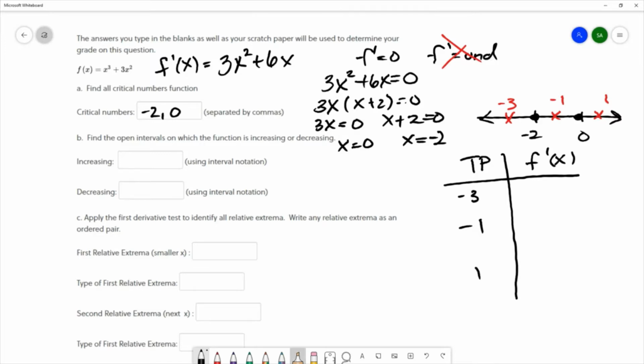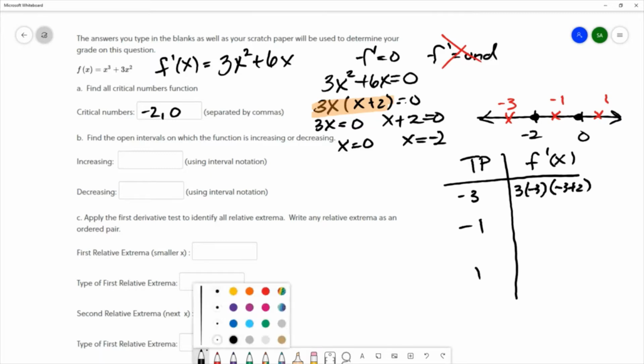I like to substitute into the factored form because it's easy for me to tell whether we have a positive or a negative. That's 3 times -3 times -3 plus 2. This gives me a negative times a negative, which is a positive.